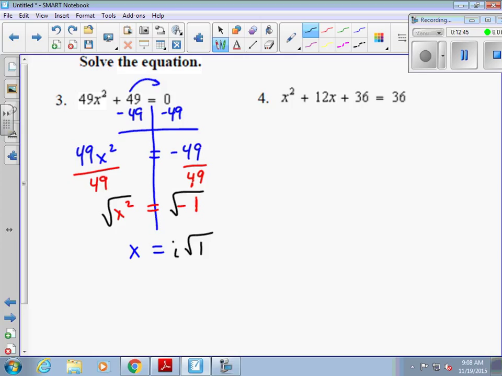And we know what the square root of 1 is. It's both positive and negative 1. So it's i times that. So if we clean this answer up, we'll simply have x is equal to both positive and negative i. That's the simplest way to write that answer, because you don't have to write 1 times anything. It's just both a positive i and a negative i.